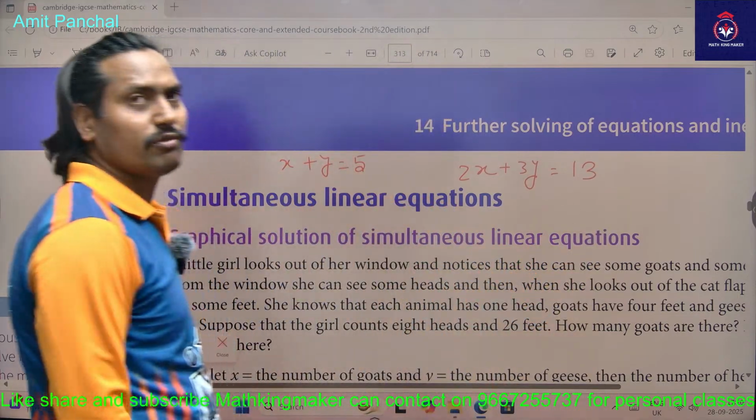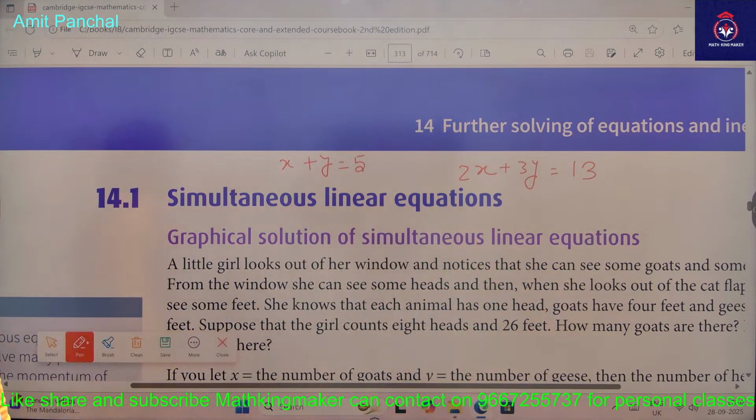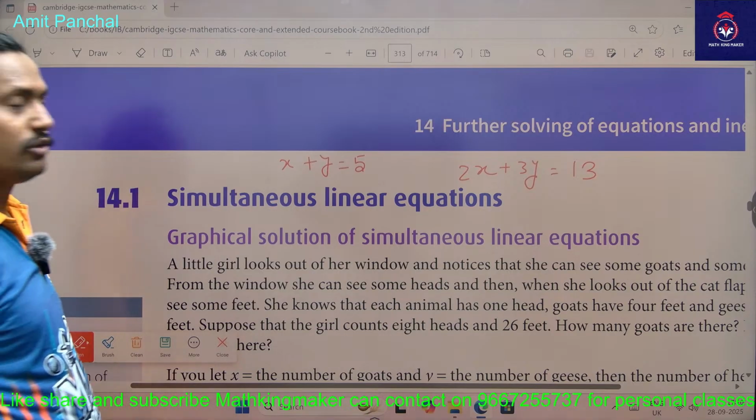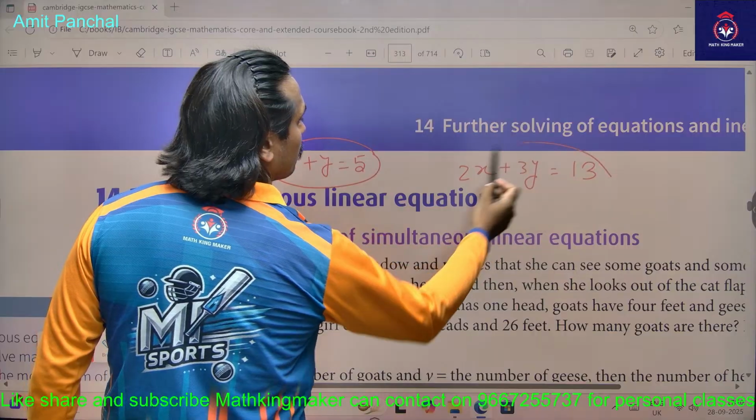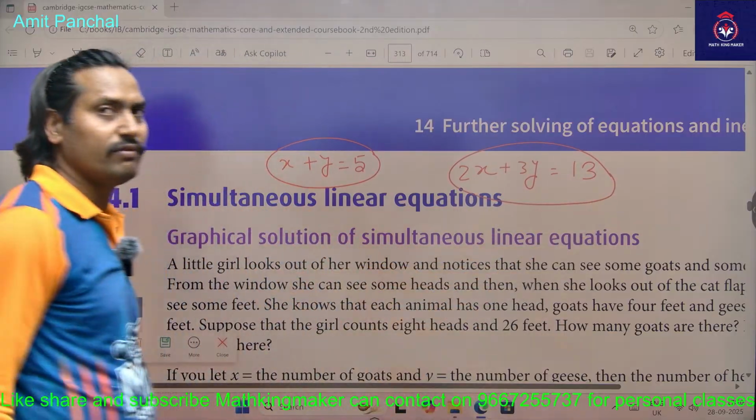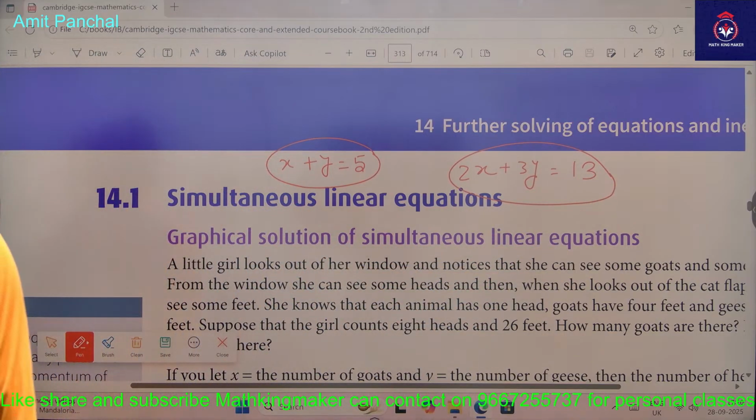First you need to draw these equations on the graph. Wherever they meet each other, that will be the solution.